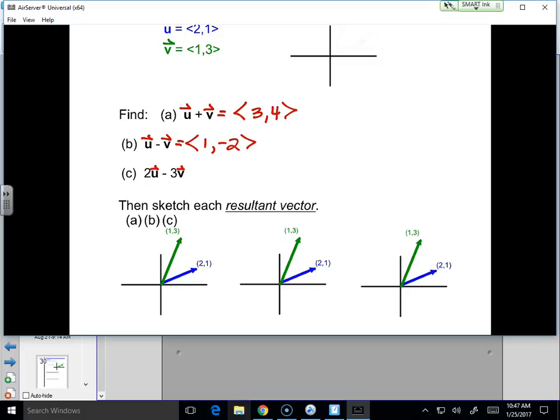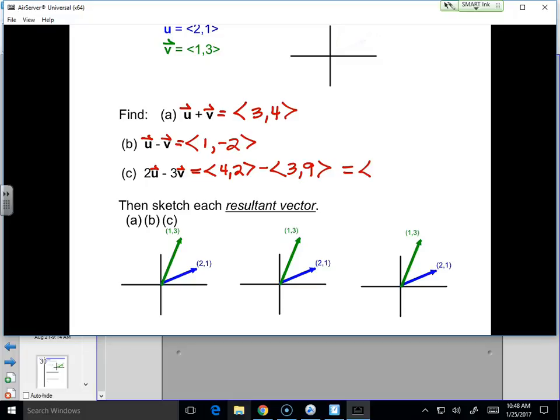2u minus 3v. Question, how do we get 2u, first of all? Double the u, and what would that be? And then we subtract 3 times v, and what is that? Does that make sense? Then we put those together, and it's simply a subtraction.